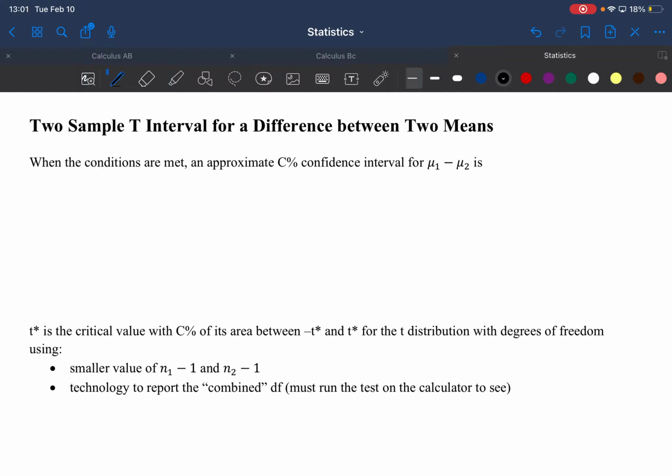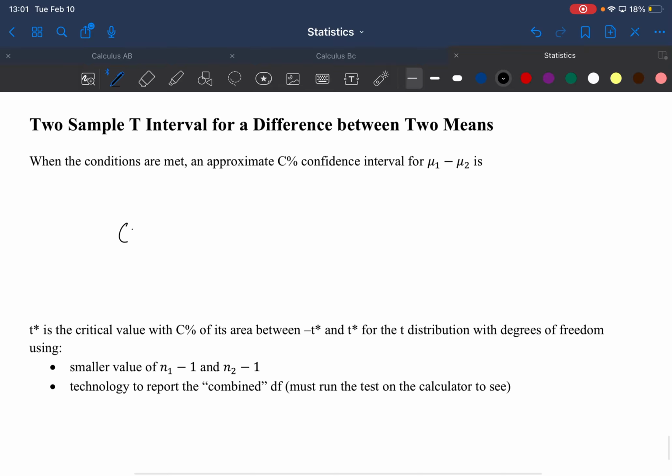It says when the conditions are met, an approximate C% confidence interval for mu1 minus mu2 is x1 bar minus x2 bar plus or minus t star times the square root of s1 squared divided by n1 plus s2 squared divided by n2.